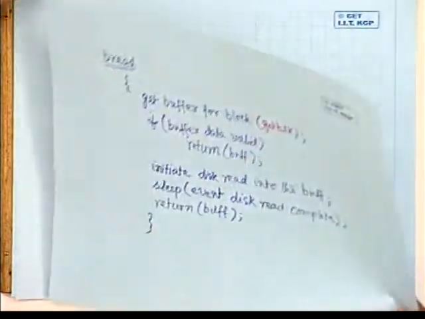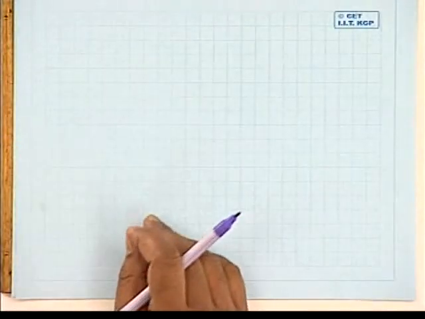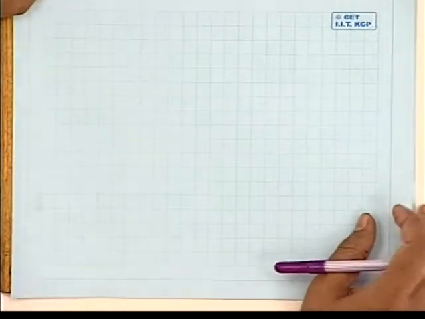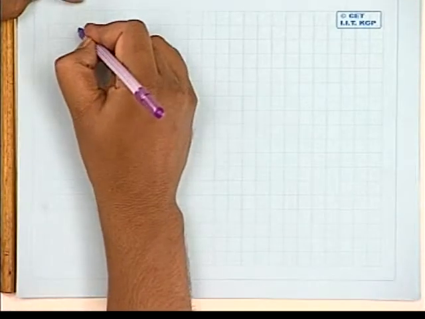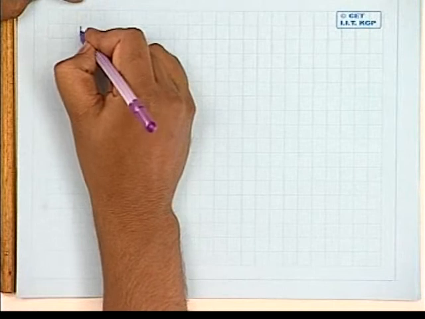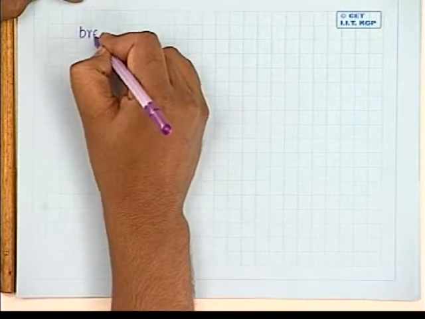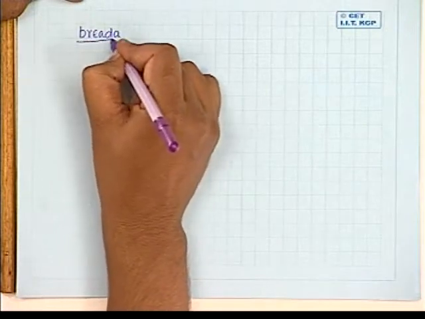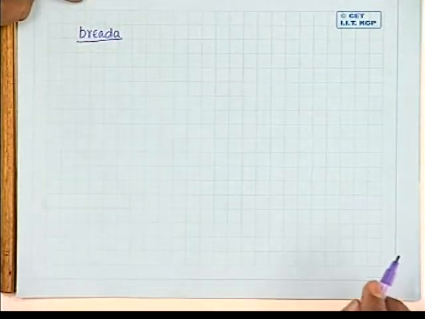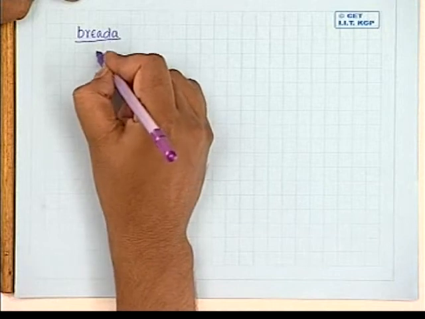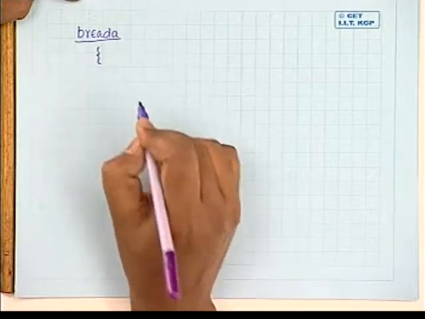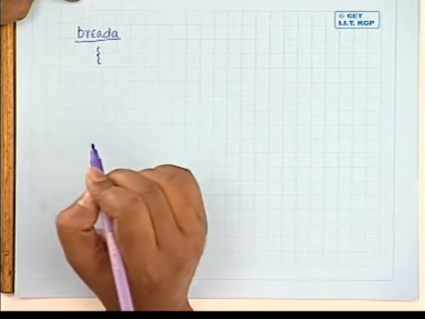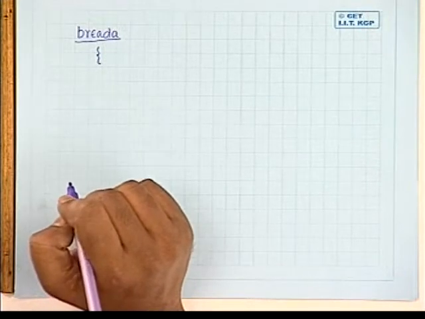So accordingly, we have an algorithm which is called the block read ahead algorithm. So let us put it as block read ahead. Okay. So in this block read ahead, you have to check whether the first block is available in the cache or not.